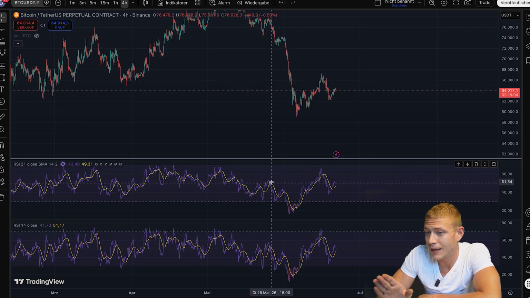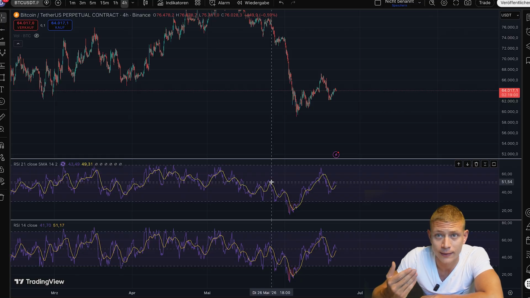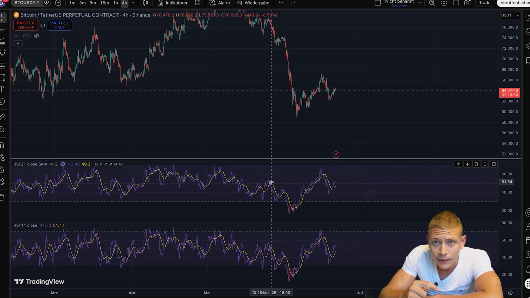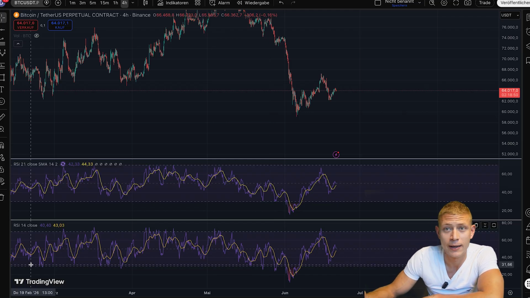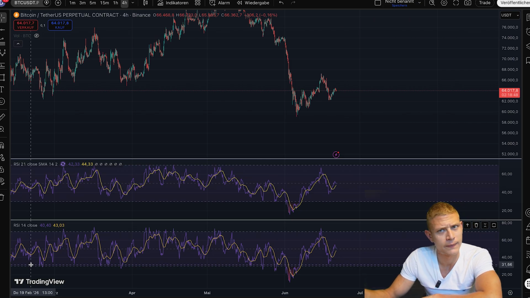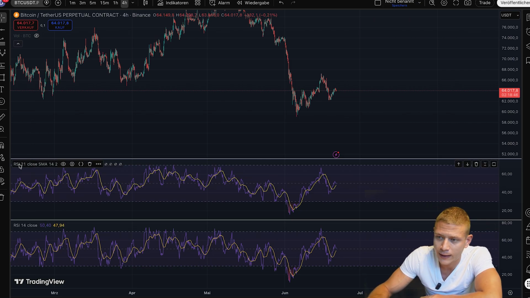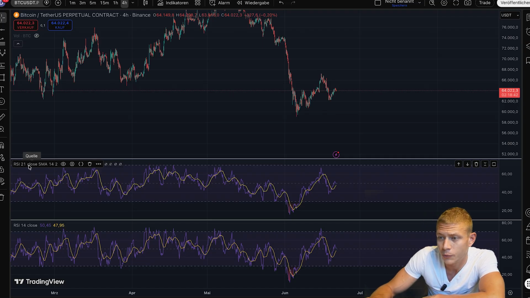The RSI is basically showing us the strength right now on this time frame in relation to the strength on the previous candles. And you may ask yourself, how many previous candles, Daniel? Well, the number of candles you can decide by yourself. For example, you can get the 21 RSI, you can get the 14 RSI.